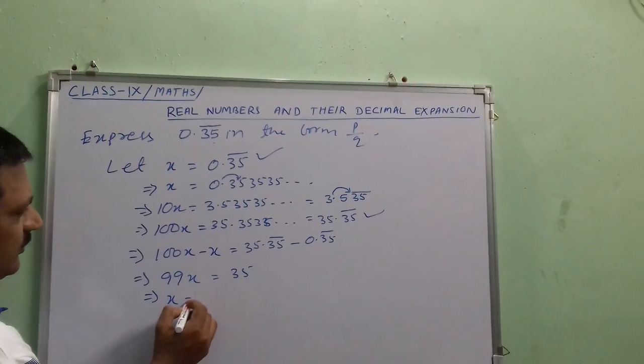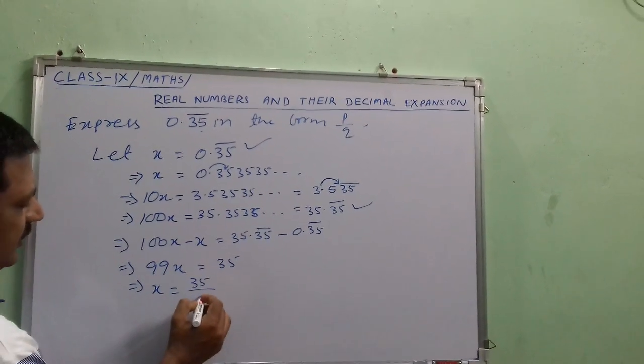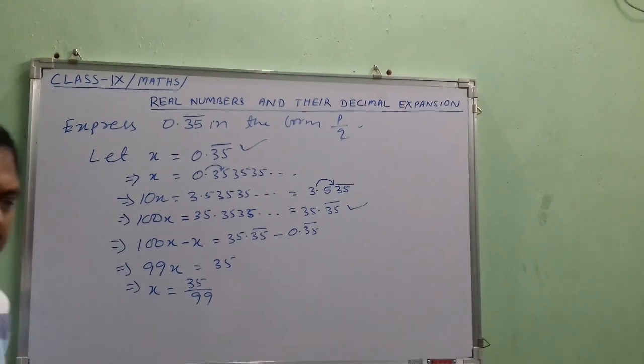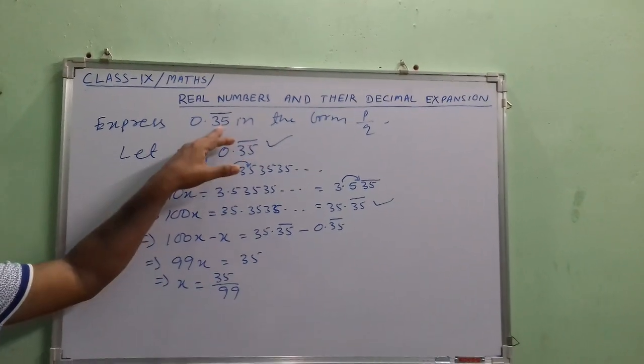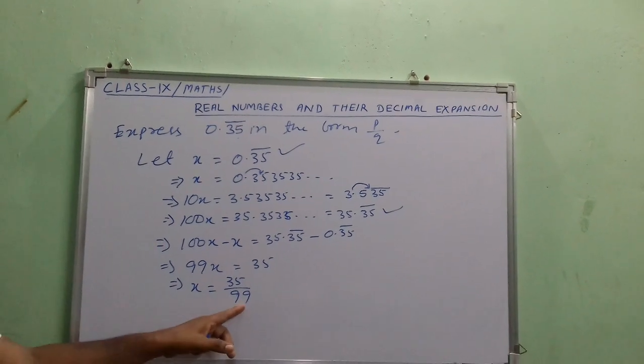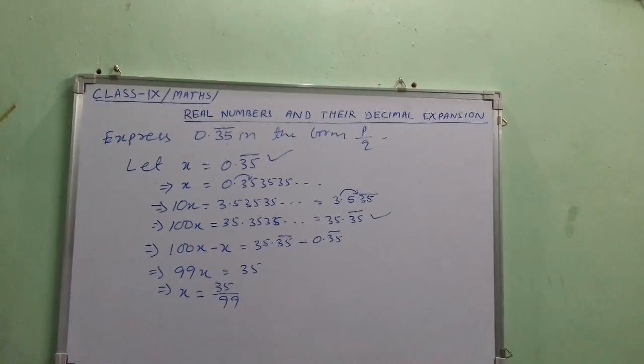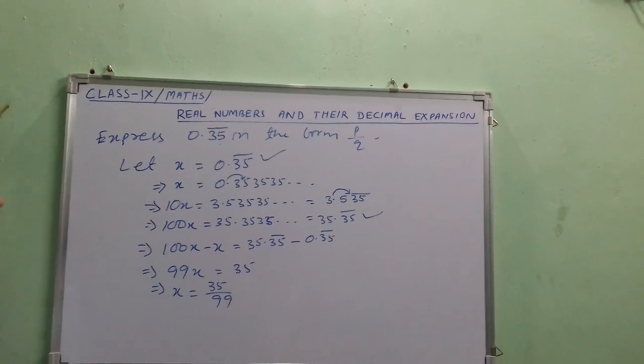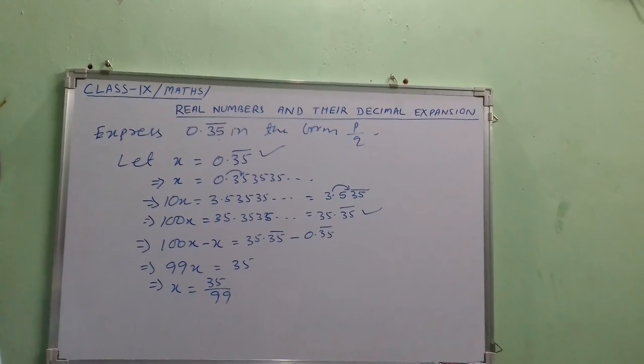Implies that x equal to 35 divided by 99. So I have expressed 0.35 bar in the form of P by Q, which gives 35 by 99. Okay. Now let's move to another question.